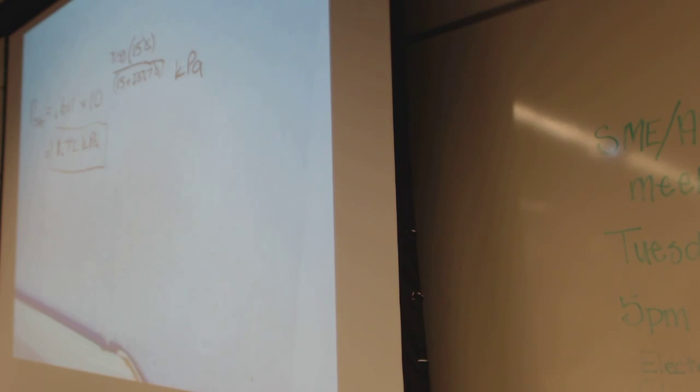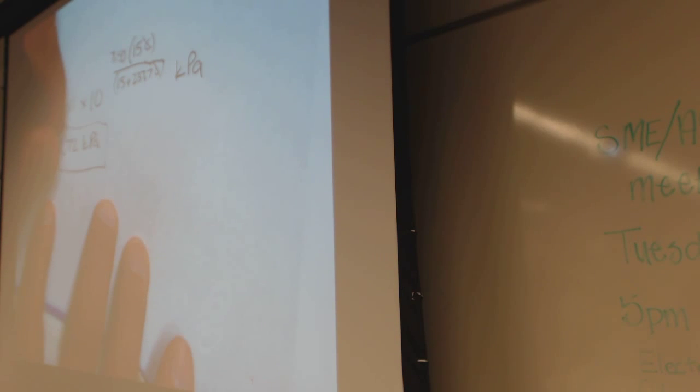Oh, that's the power. 1.703. Okay. Wow, that was your power. No. The function, the way you wrote it, I thought it was just like a flat out kind of thing. Yeah, that's the exponent. There we go.